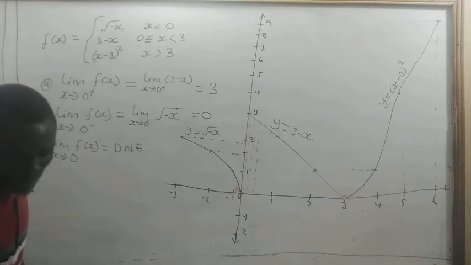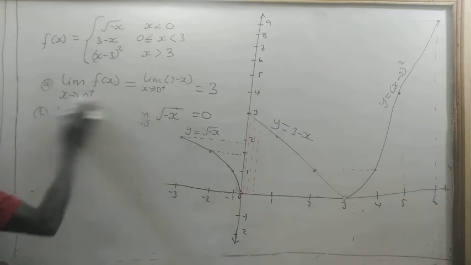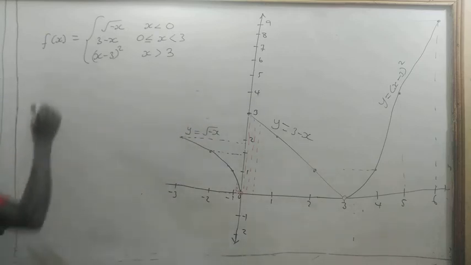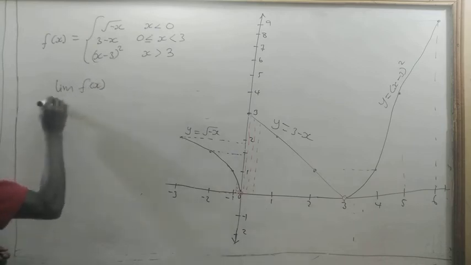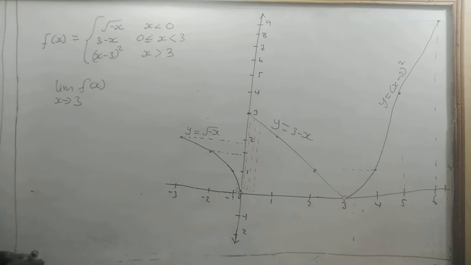Now the next example is that we are to use the graph to find the limit of f of x as x approaches 3. So how do we do this one?